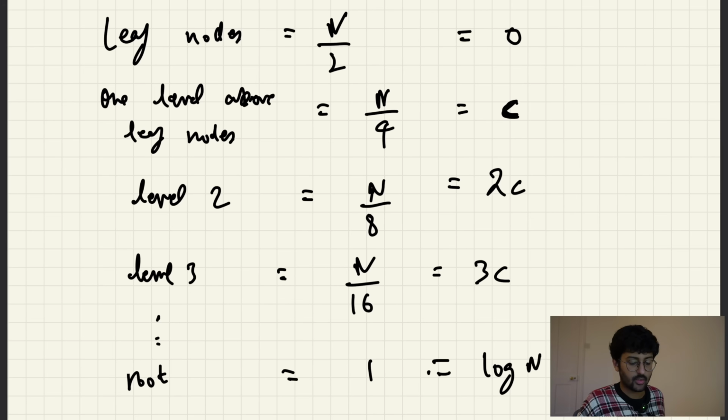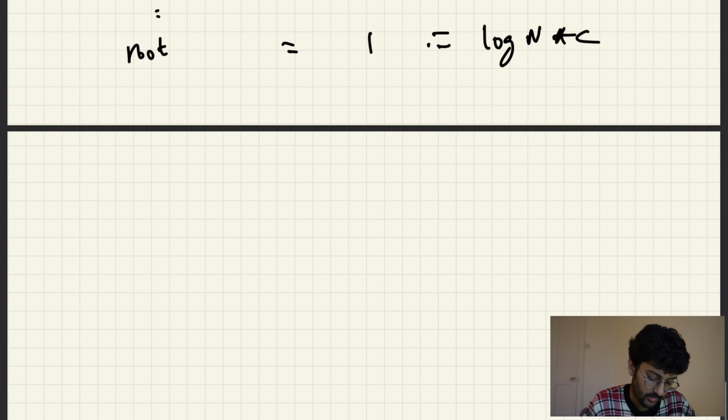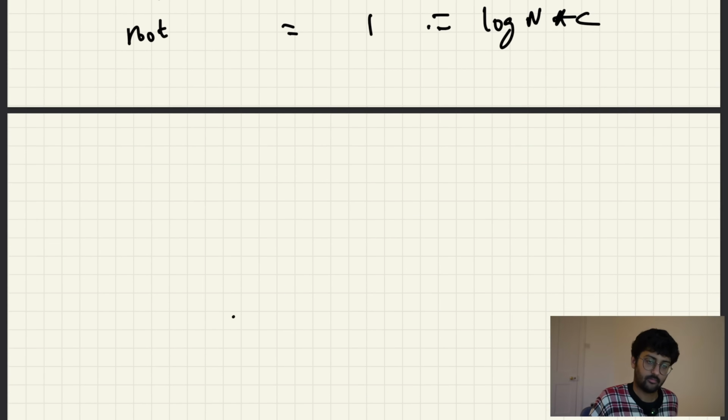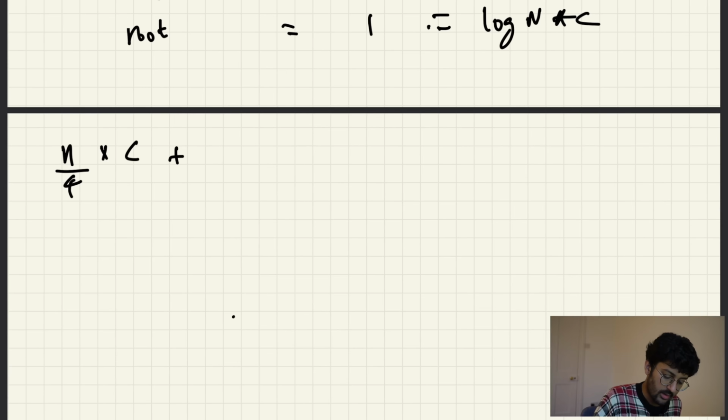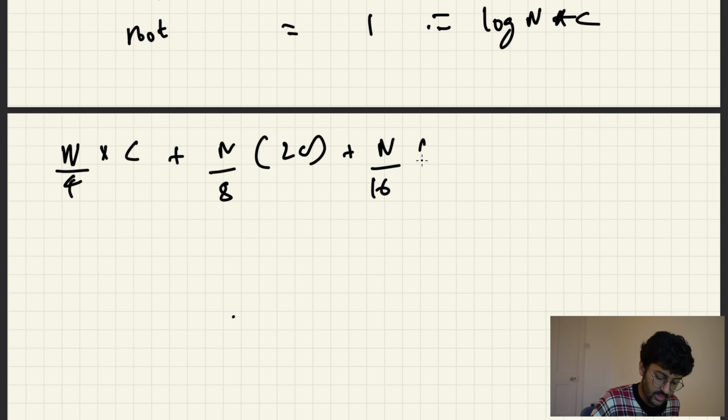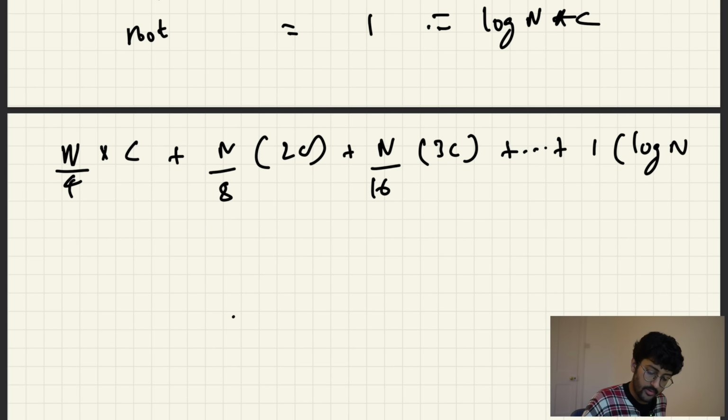So what is the total amount of time? n by 4 into c plus n by 8 into 2c plus n by 16 into 3c plus 1 into c log n.